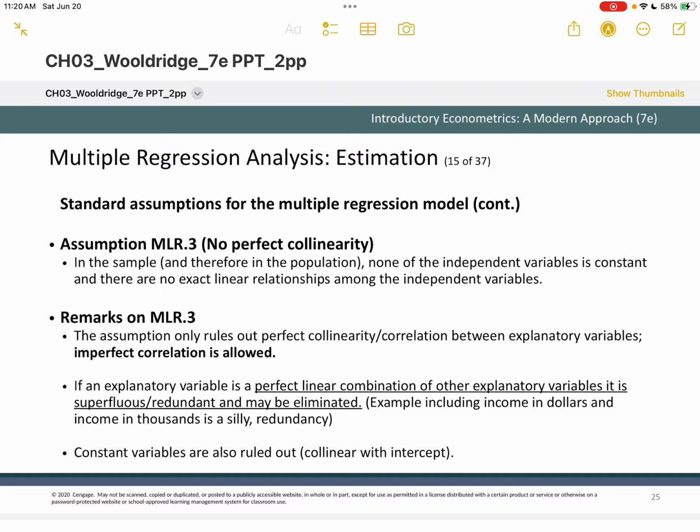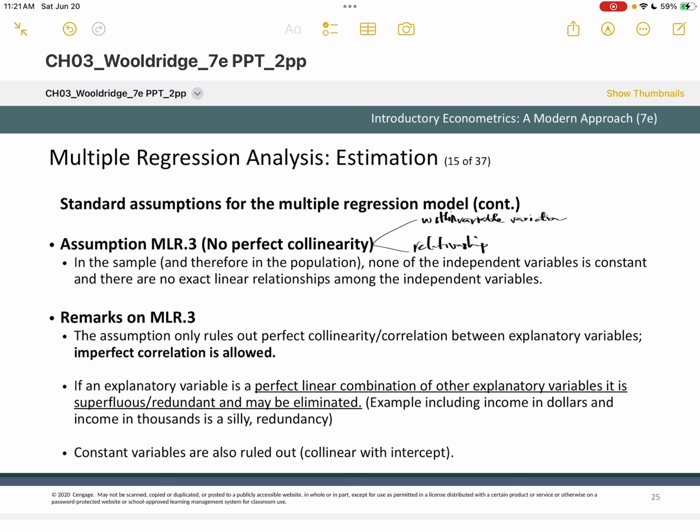You can take no perfect collinearity in 2 ways. First, we want enough within variable variation, I'm talking about the explanatory variables. And the second one will be the relationship between or among the variables.